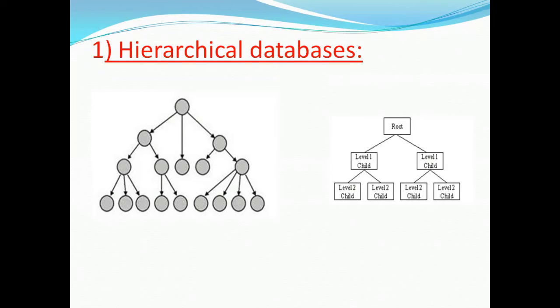In this database model, data is organized into a tree-like structure. The data is stored in the form of a collection of fields where each field contains only one value. The records are linked to each other via links into the parent-child relationship.